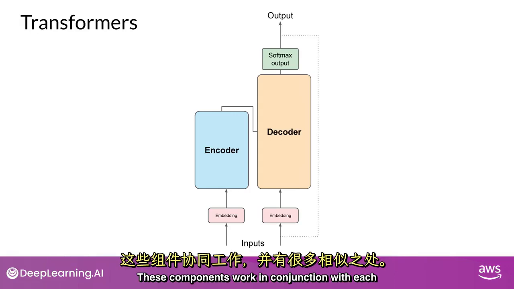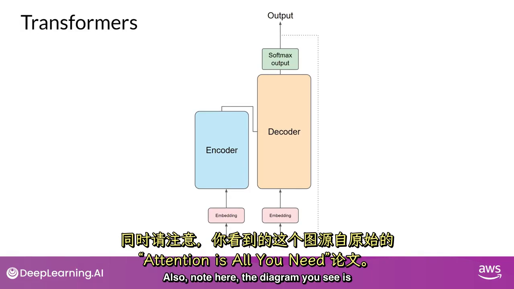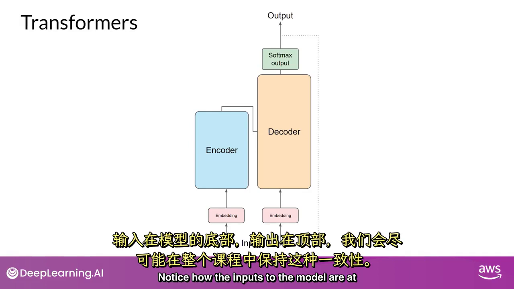These components work in conjunction with each other and they share a number of similarities. Also, note here, the diagram you see is derived from the original Attention is All You Need paper. Notice how the inputs to the model are at the bottom and the outputs are at the top. Where possible, we'll try to remain faithful to this throughout the course.